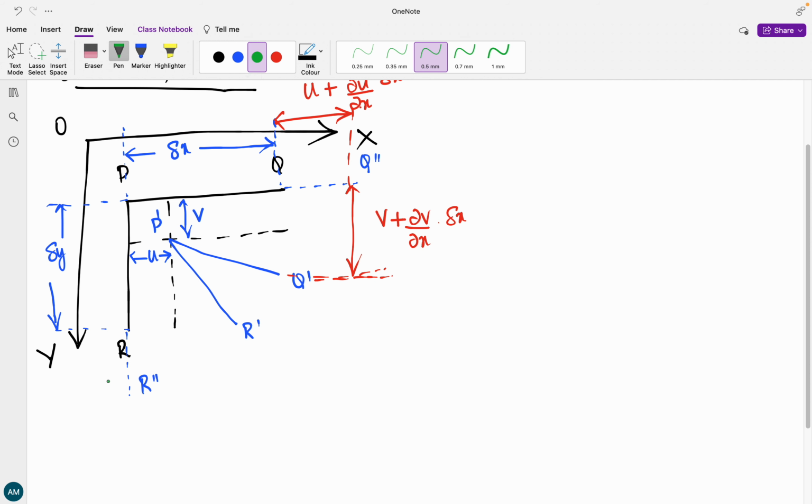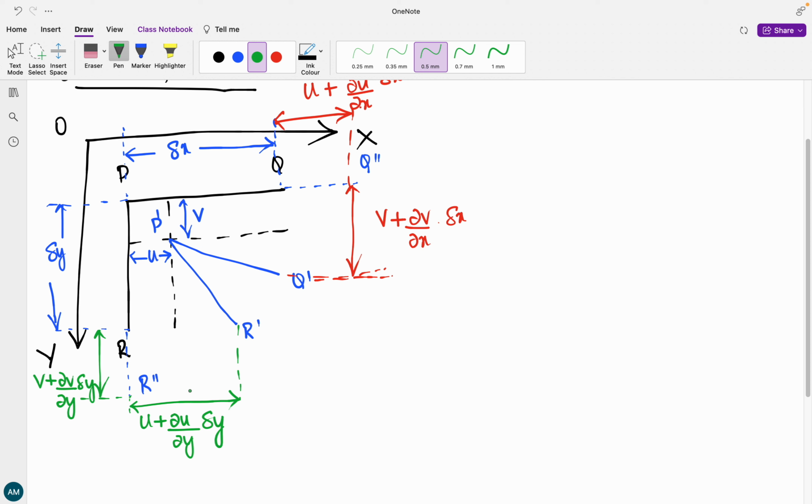Similarly, the length between R and R double dash is V plus dou V by dou y into delta y, and the distance between R double dash and R dash is U plus dou U by dou y into delta y.